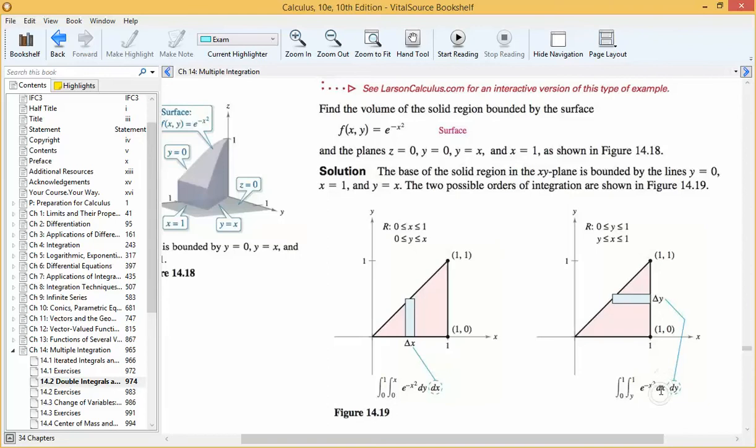If you set it up dx dy, then you have to bound the x first. And the way that they do that looks like they figure out the equation of this line.